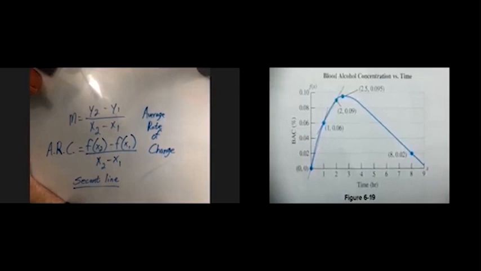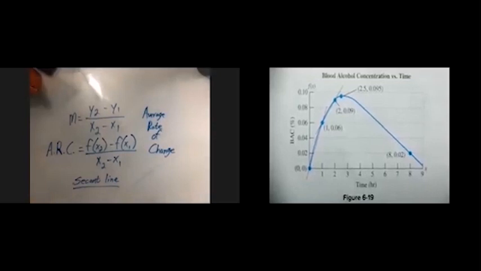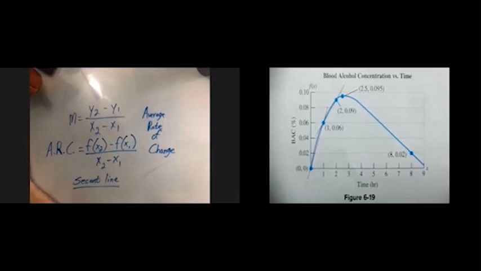Okay, so what we have here is a graph of blood alcohol concentration versus time. The x-axis is number of hours. The y-axis is the blood alcohol concentration.